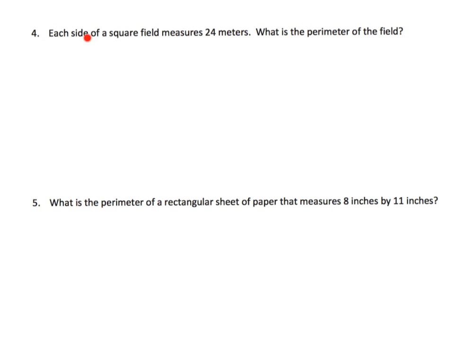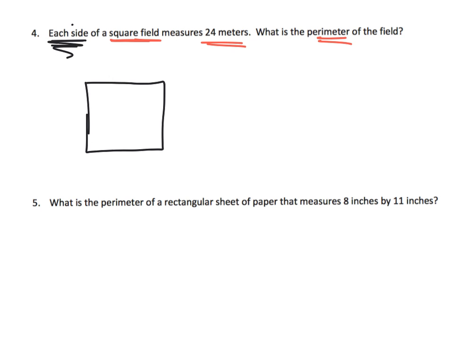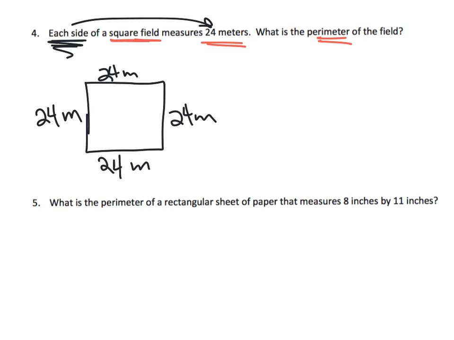Here it says each side of a square field measures 24 meters. What is the perimeter? So we're supposed to know that it's a square, so I'm going to draw that square. And it says each side is 24. So this side is 24 meters, this is 24 meters, this is 24 meters, and this is 24 meters.